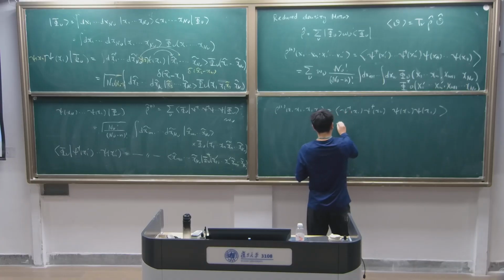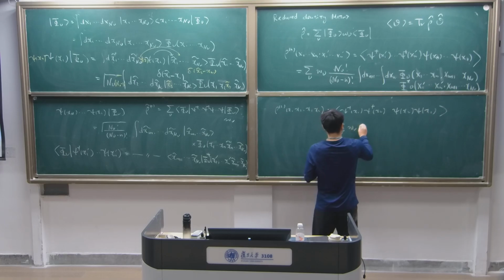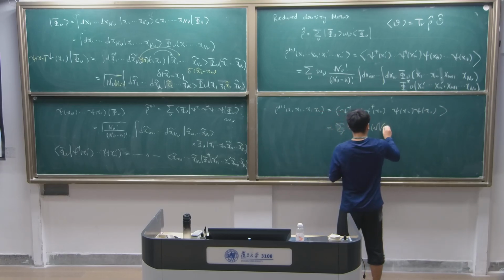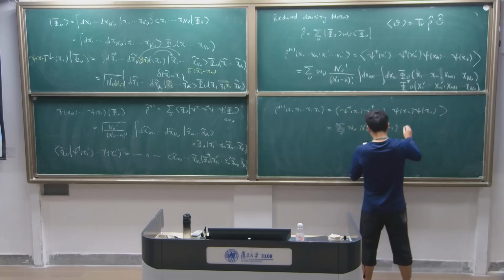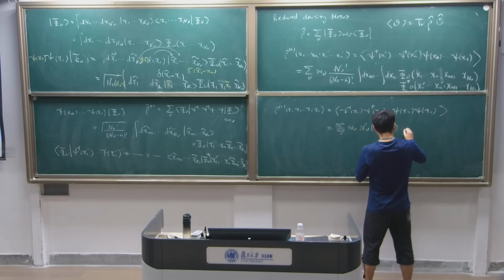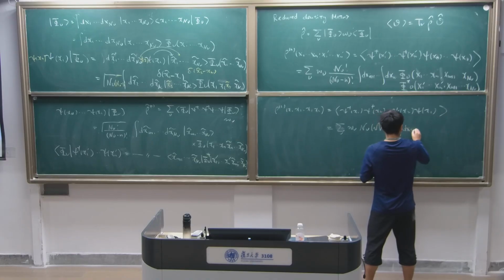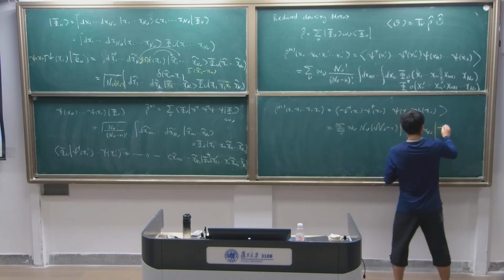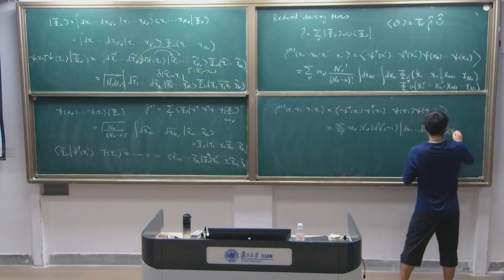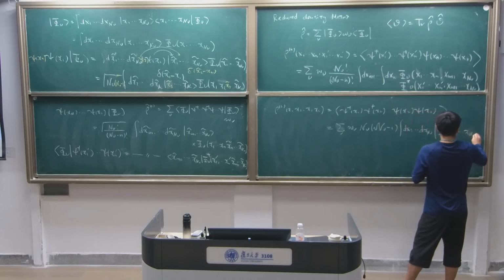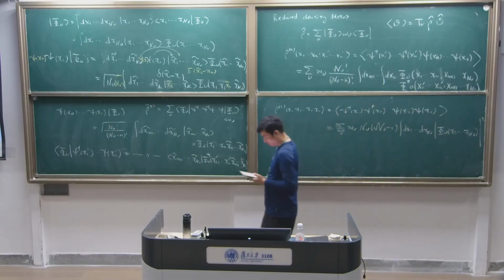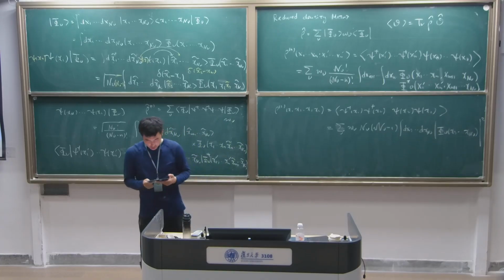And this is equal to the sum over nu, w nu, and n nu, and n nu minus 1, and then x3 tilde, x and mu tilde, and then psi mu of x3. Okay.